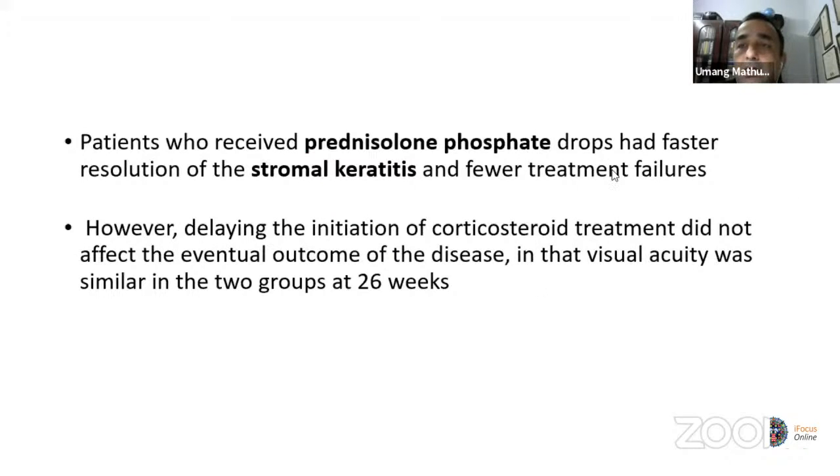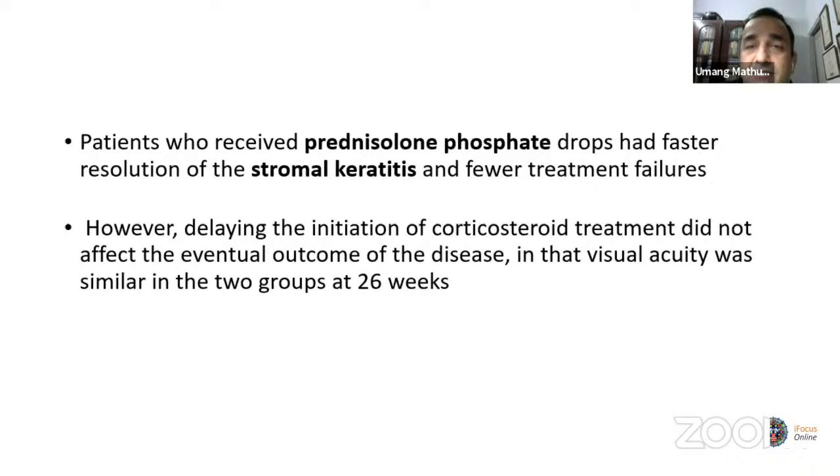And the study showed that use of topical steroids was useful in resolving stromal keratitis faster and with fewer treatment failures. Now, the thing that you have to take with a pinch of salt is in that time, endothelitis was classified as stromal keratitis, and most of their patients were actually of endothelitis.